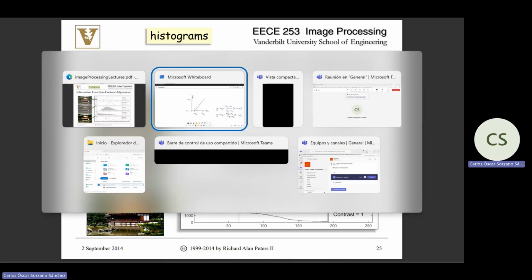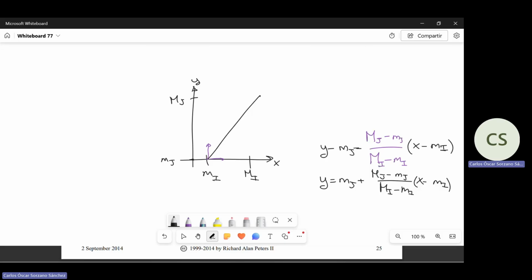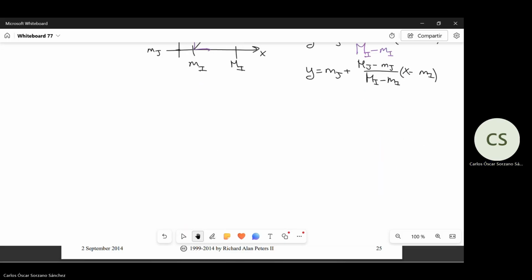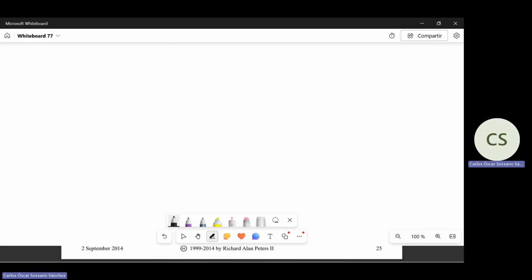So I have an image, then I will reduce the contrast, multiplying by 1/2. I will have a new one, and then I will construct a new one by multiplying by 2. And the full formula was something like this: J is equal to 1/2 times (I minus 127) plus 127, something like that.